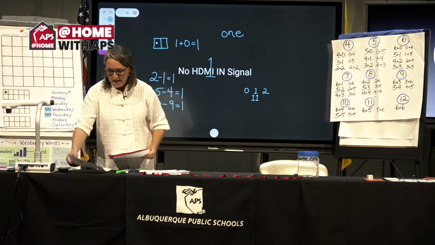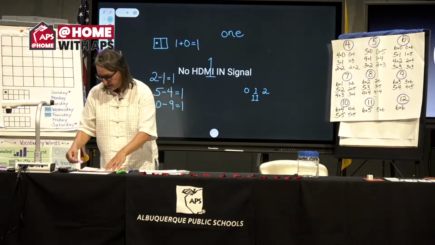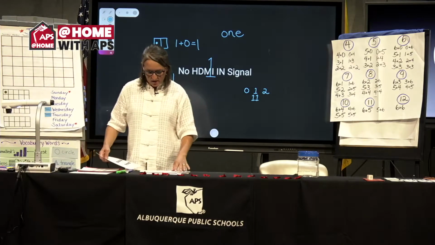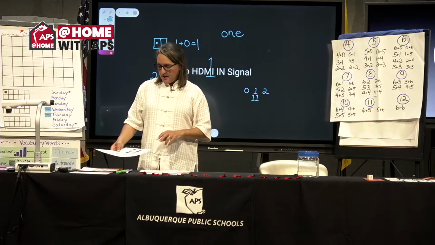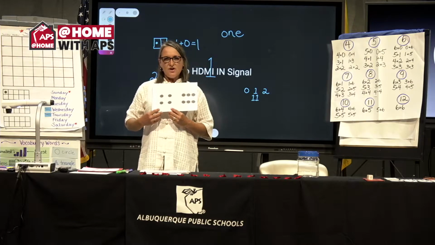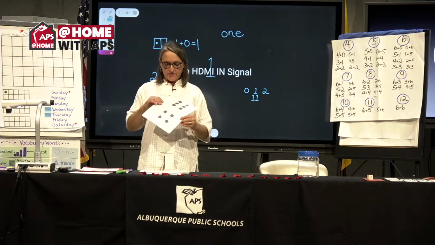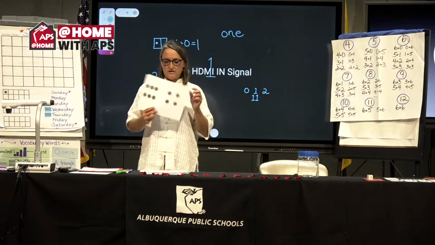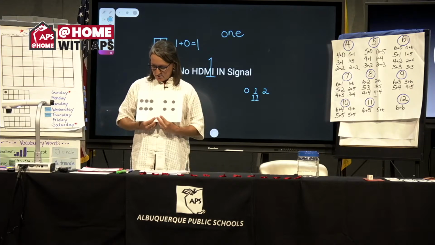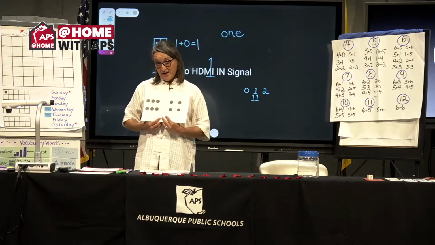There are some other ways that dominoes certainly help me that I wanted to talk to you about. I can think about dominoes if there's a fact that I'm not sure of. What if all of a sudden I forgot 6 plus 4? I couldn't remember that fact, but I didn't want to count. You know what I might think of?